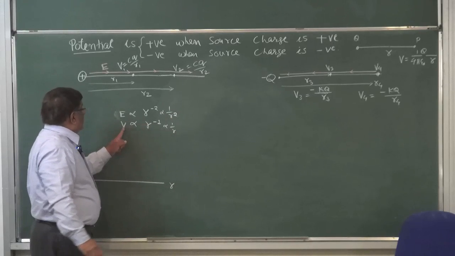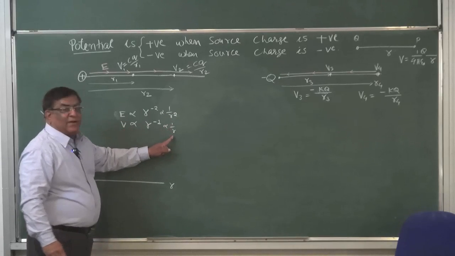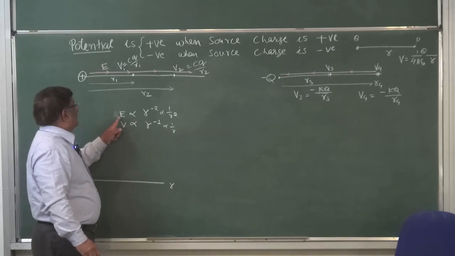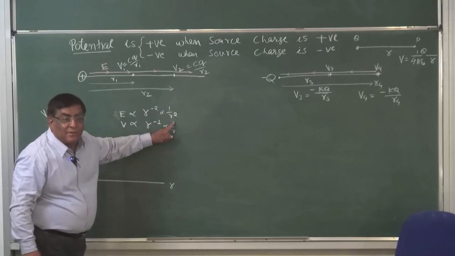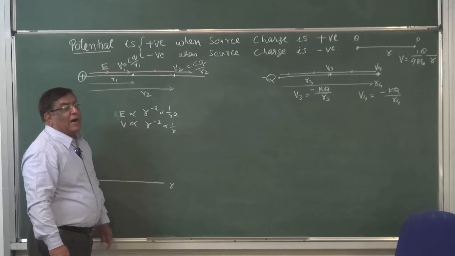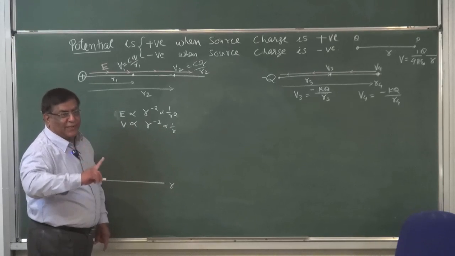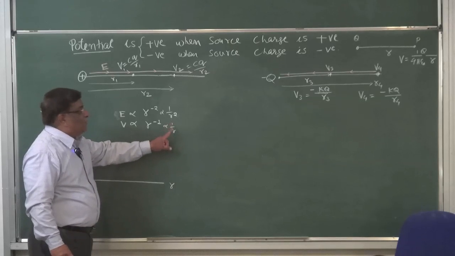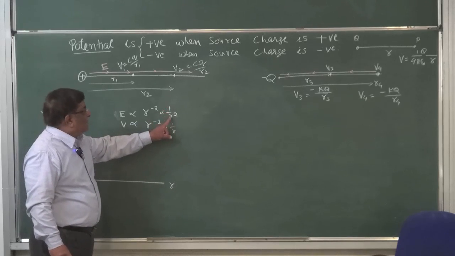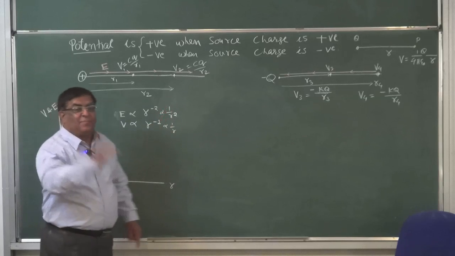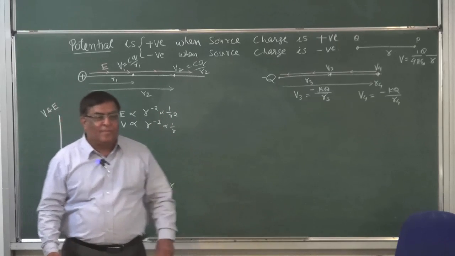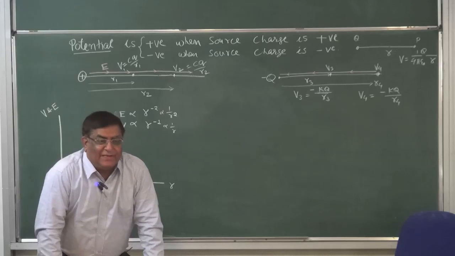The potential has decreased to 1 upon 3, and what happens to the electric field? r we have made 3, so this is 1 upon 3, and this is 1 upon 3 to the power 2, that is 1 upon 9. So which is depleting faster, E or V?